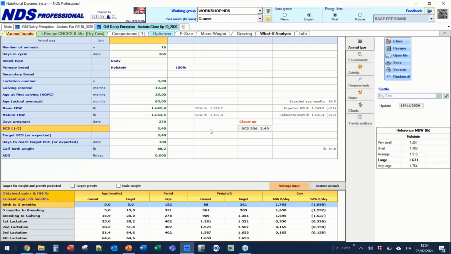The second consideration I mentioned is that during the close-up, we do not want to consider the target growth.